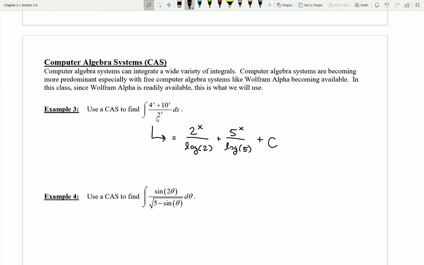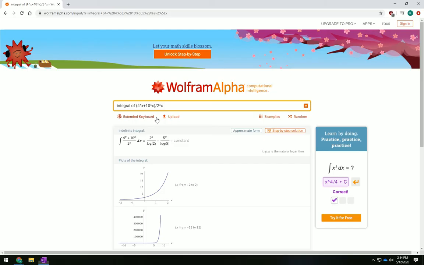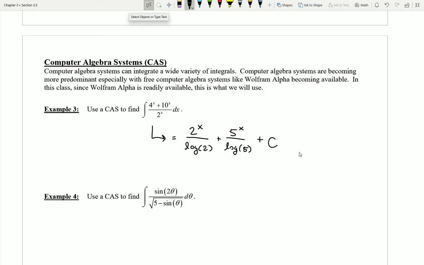Now, Wolfram tried to warn us, but if I don't understand higher level mathematics, well beyond Calculus 2, I may not understand what Wolfram is trying to tell me or why in the world it's telling me. So take a look down here. Log of x is actually supposed to be the natural log. Wolfram knows a lot more math than you do at this point in time. It's very aware of things like complex analysis.